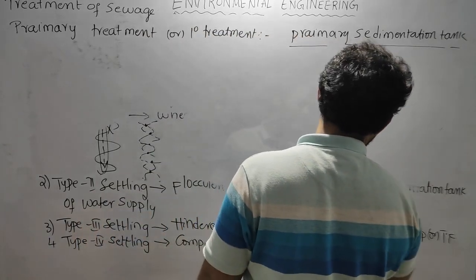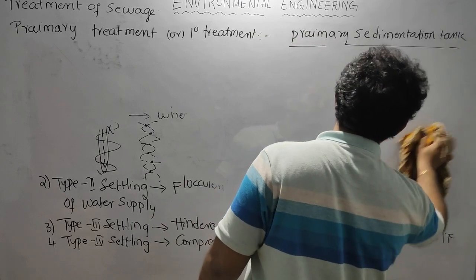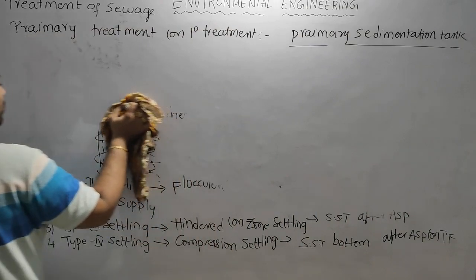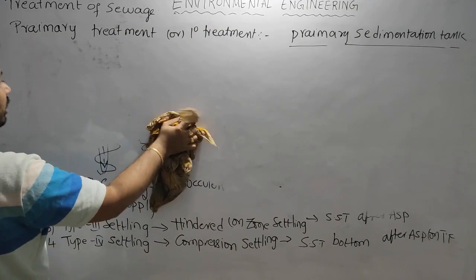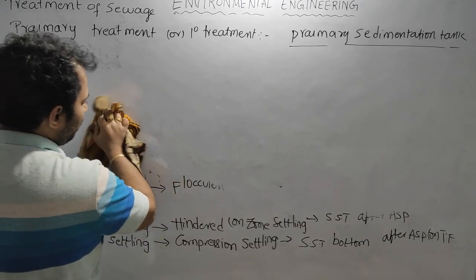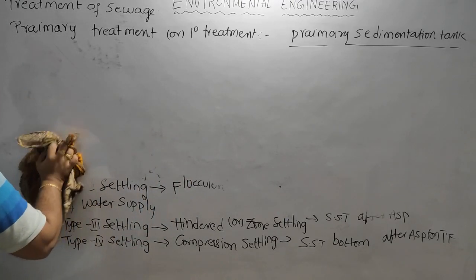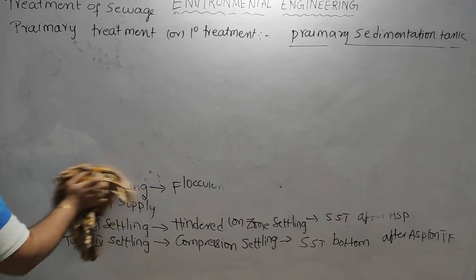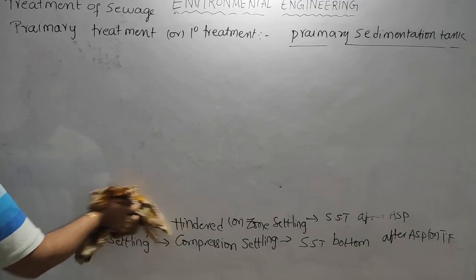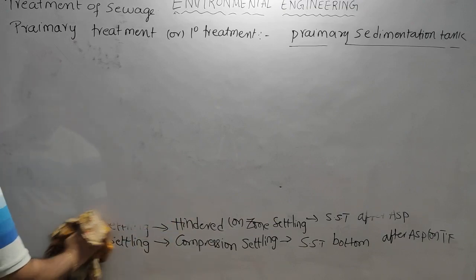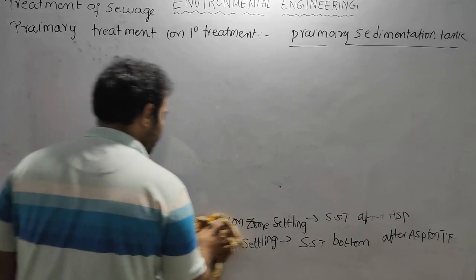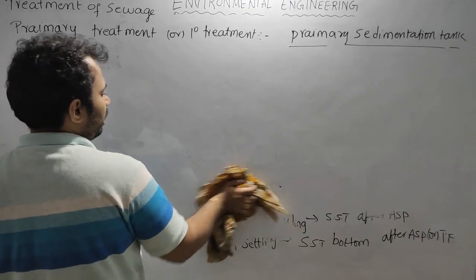So it needs lesser time, because it doesn't need a higher degree of removal; anyway we need to take out the BOD that is settled inside the sedimentation tank and treat it again in sludge digesters. If you give much time, sludge digestion takes place inside the sedimentation tank itself, which we don't want. We want sludge digestion to happen inside the sludge digesters.